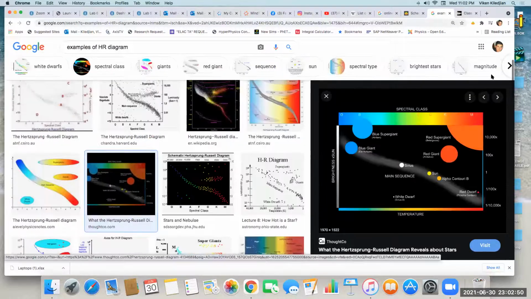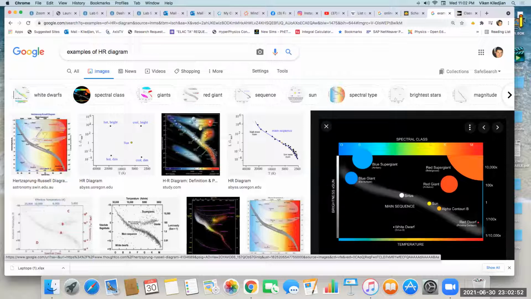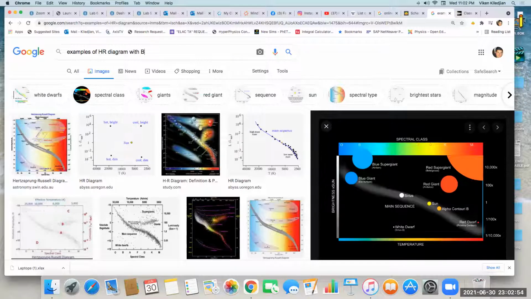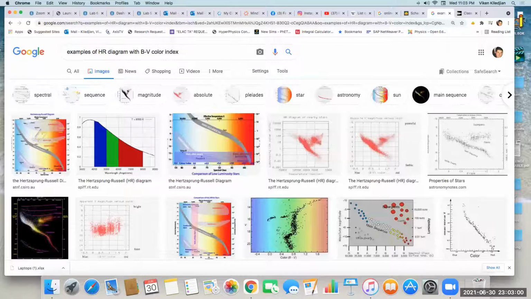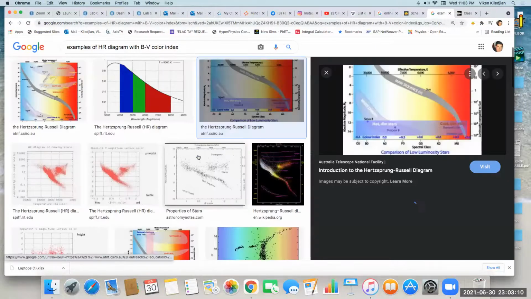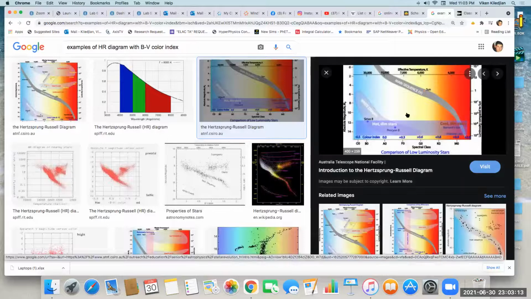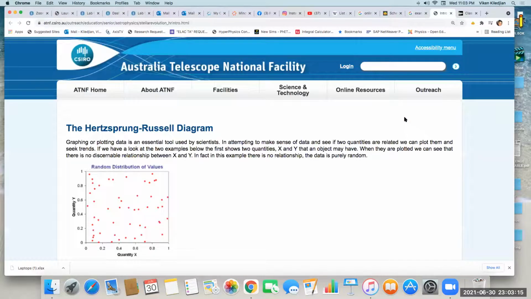So let me Google examples of HR diagram with BV color index. Let's see if we find one. There it is. There it is. You see here?